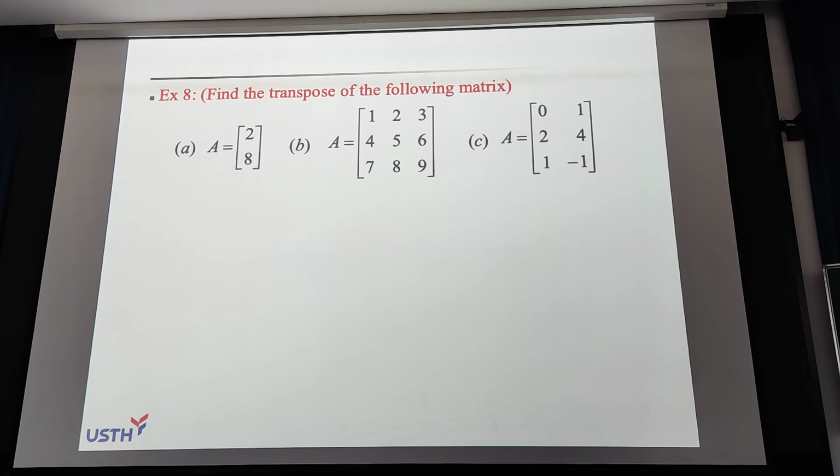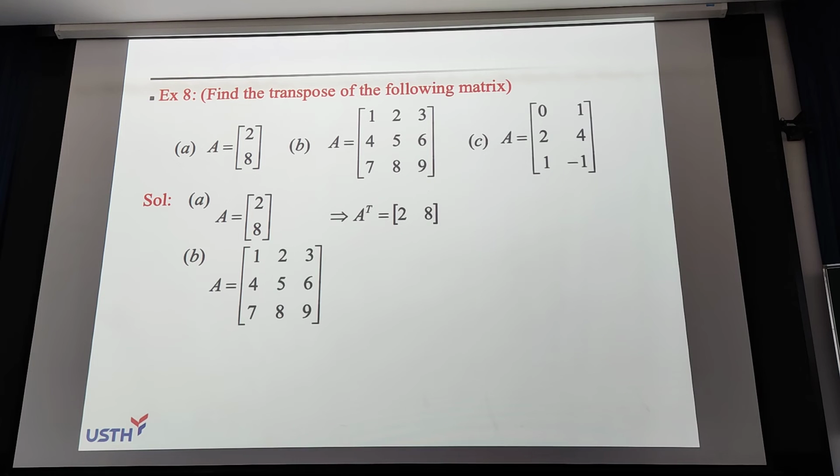Here is an example, very easy for you to see. A, B, and C are like that, and you are required to find the transpose. A^T is that. Here you see, if you are given a column matrix, then its transpose will be a row matrix. And conversely, if you are given a row matrix, you take the transpose and you get a column matrix.